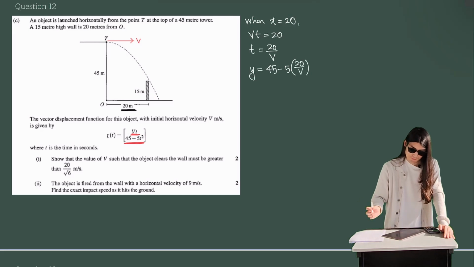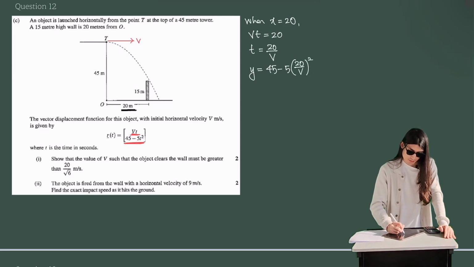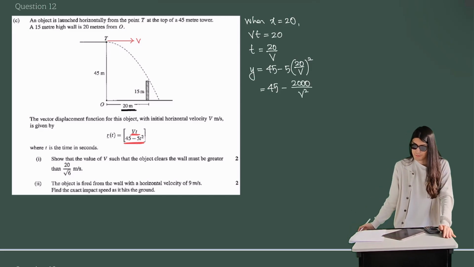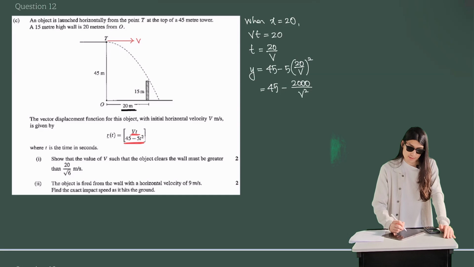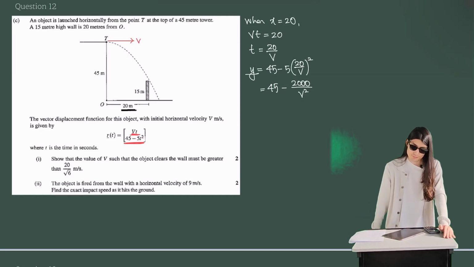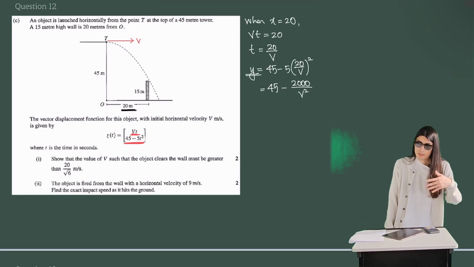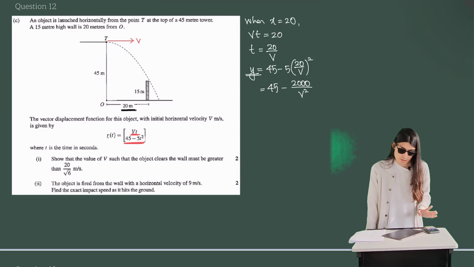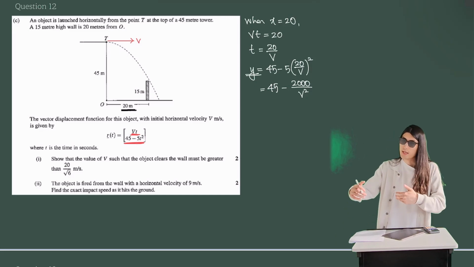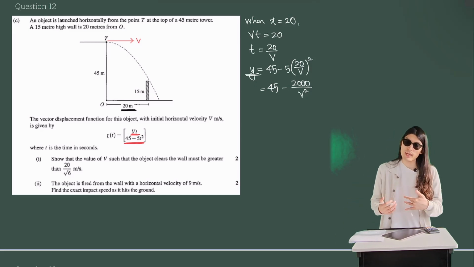Sub that in, squared, do a little bit of simplification. 45 minus 2000 over v squared is what I get. What does this represent? This is the y-coordinate of the projectile essentially when it has traveled 20 meters in the x direction.